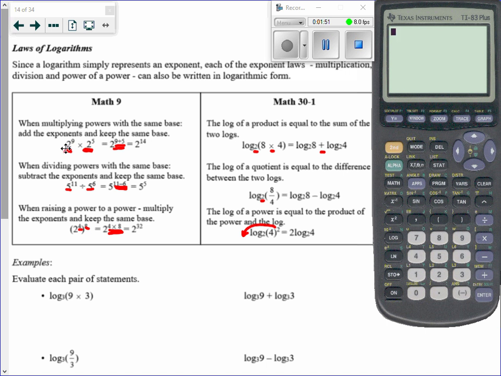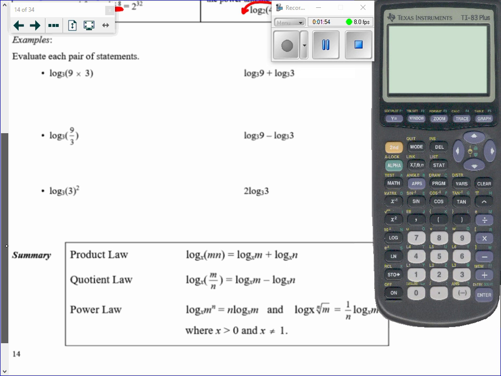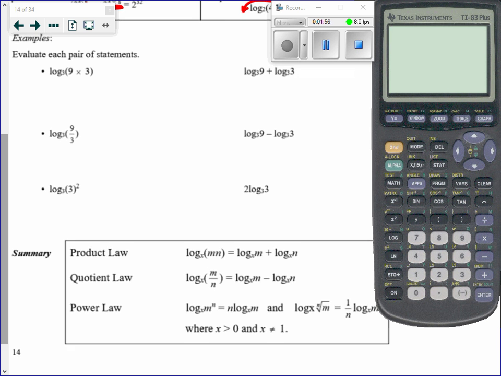So we're going to try a few of these, and I think once we do a few, you'll see really how straightforward this is. If we have log in base 3 of 9 times 3, we're going to apply the product law, which says that's the same thing as log in base 3 of 9 plus log in base 3 of 3. On our calculators, we would evaluate each log separately.